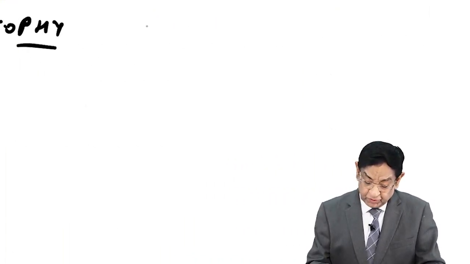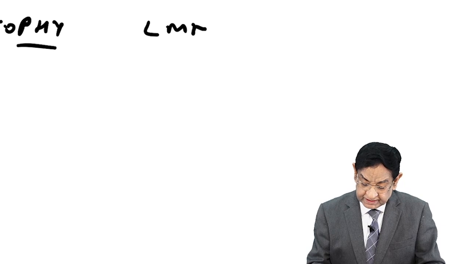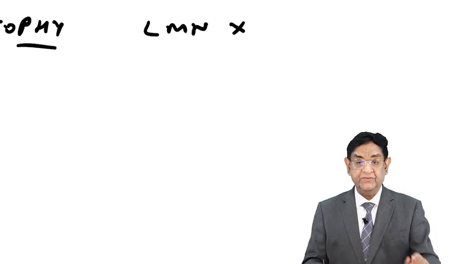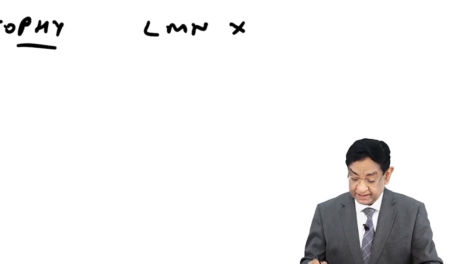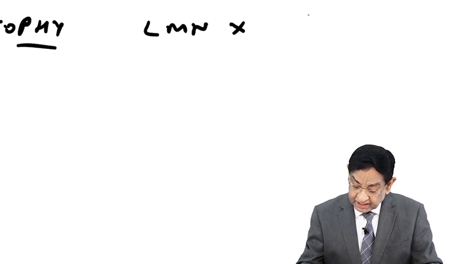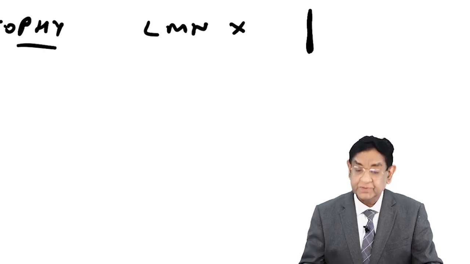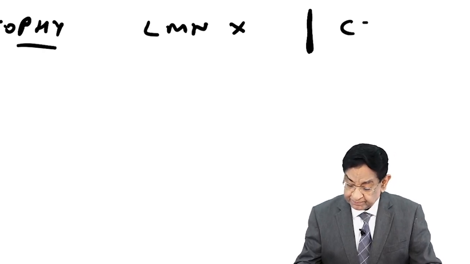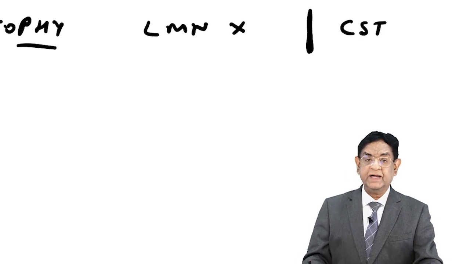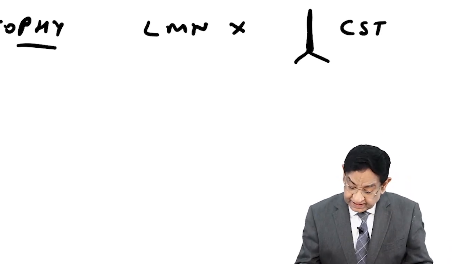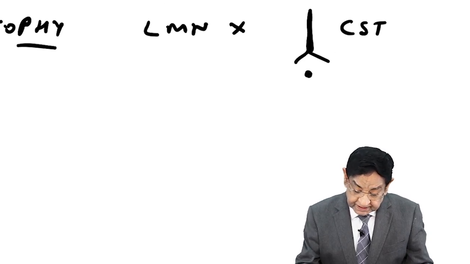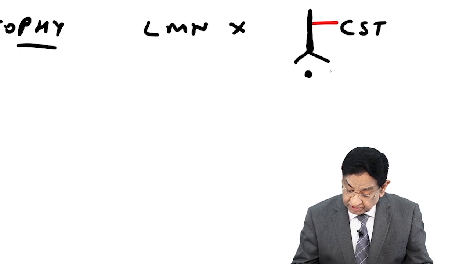Friends, lower motor neuron palsy is not a feature. Very important negative point. Why? These are the upper motor neuron fibers coming, the corticospinal tract coming from the brain. Ultimately they come to the spinal cord and relay in the anterior horn cell.